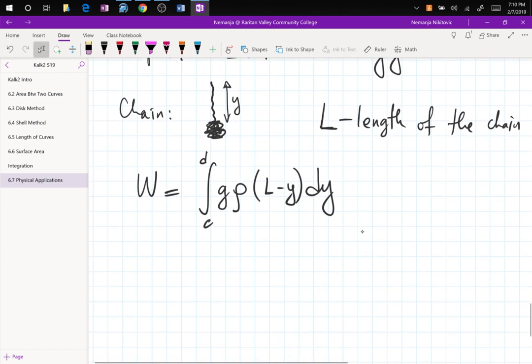Now let's draw a diagram for this. So here is the chain. There's still some left on the pile. And this is the amount we lifted.